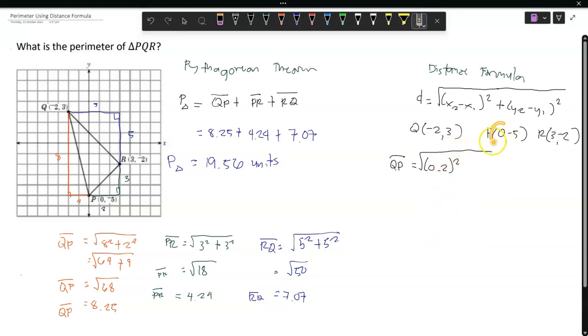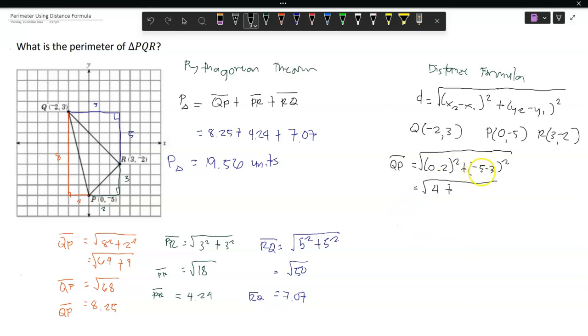Again, this is my x sub 2 minus x sub 1. And then plus my y sub 2, that is negative 5 minus 3, squared. So this becomes 0 minus 2, that's negative 2 squared, that is 4, plus negative 5 minus 3, that's negative 8 squared, that is 64.